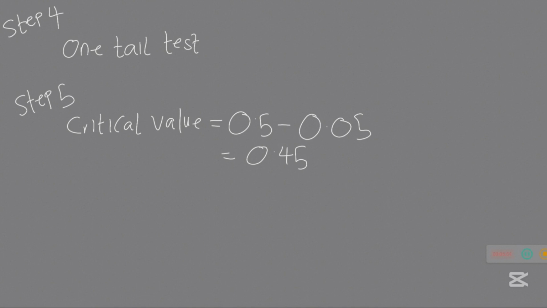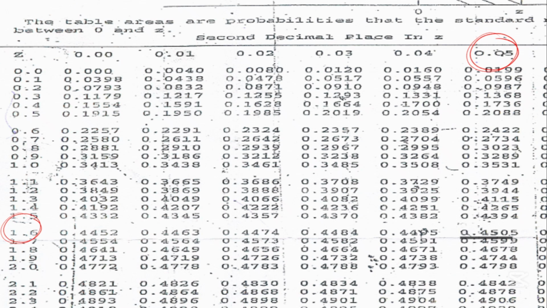This is just a process to take in order to get your critical value. So how do we get our critical value? The other process is that you check your Z table for 0.45 on the horizontal and vertical ends of the table. When we do that, we see that we get two values, which are 0.05 and 1.6. Now, all you just have to do is add these two figures together.